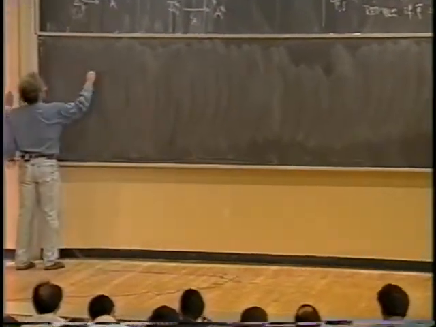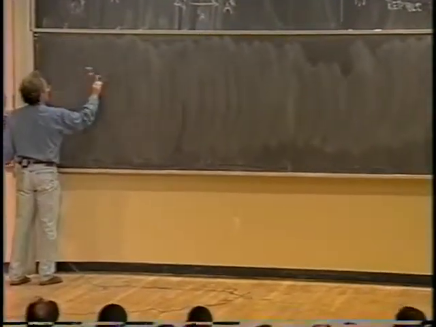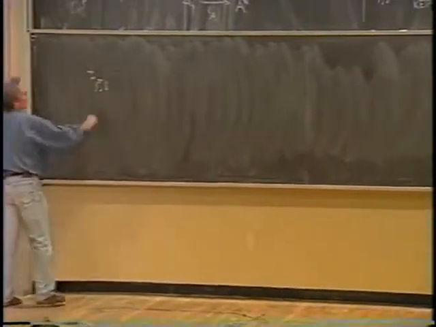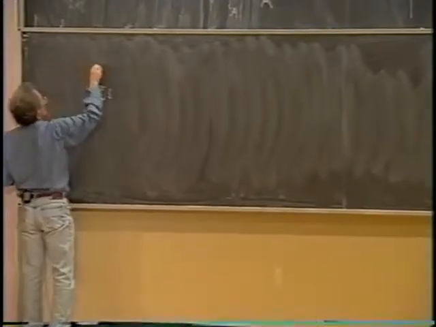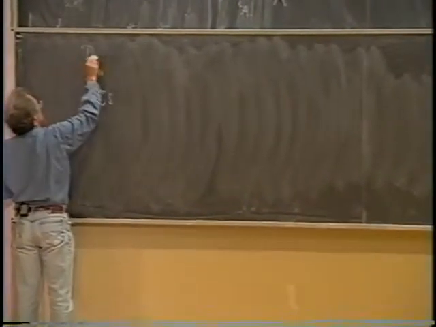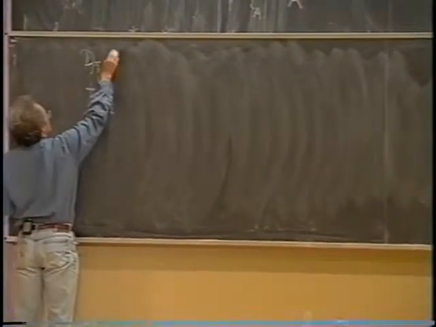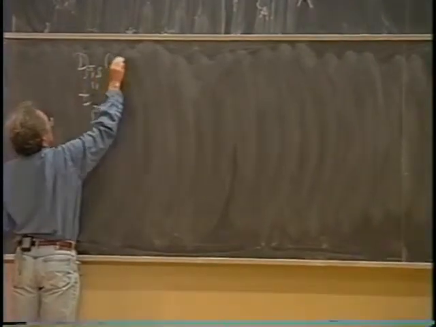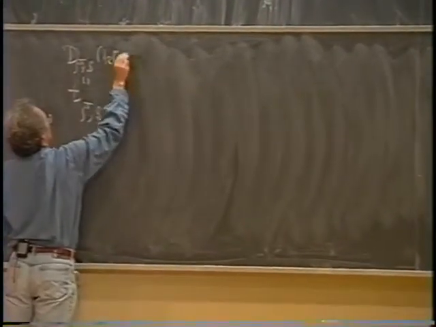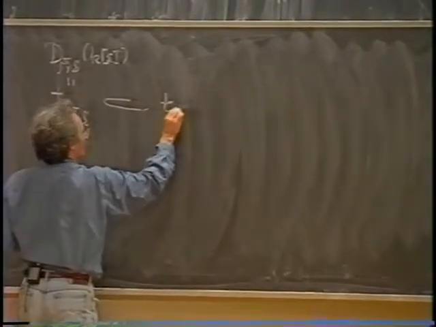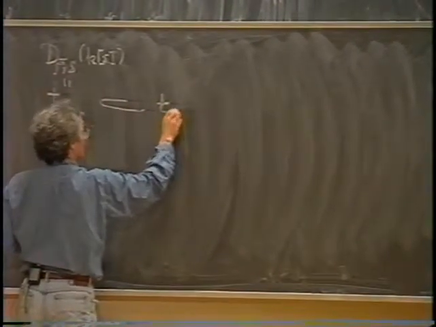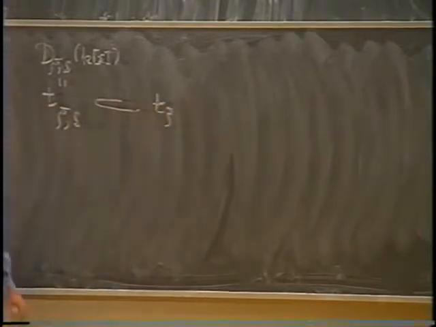So perhaps I'll call it the tangent space of rho bar with fixed determinant delta. Of course, this is just D rho bar delta of k[epsilon]. And that's, by definition, a subspace of the tangent space of rho bar.